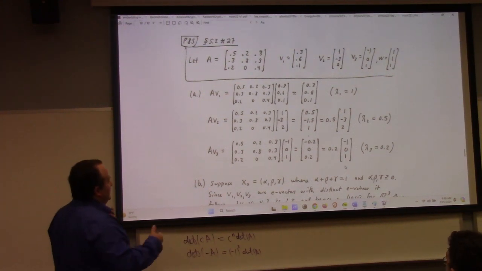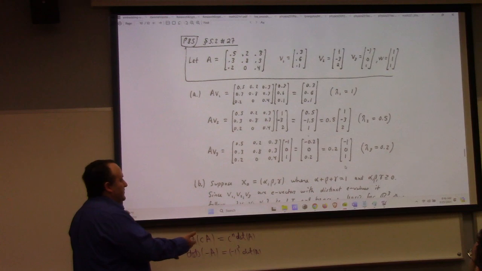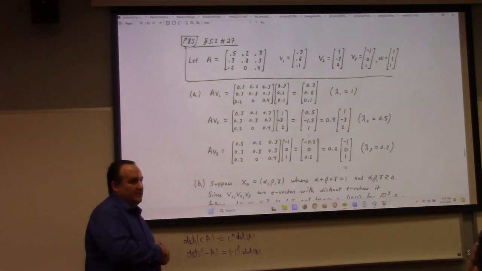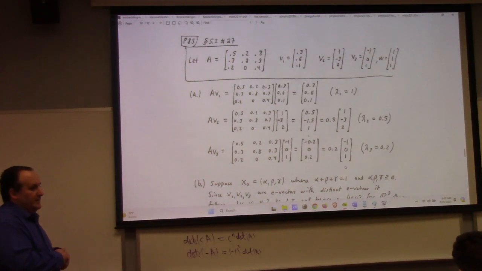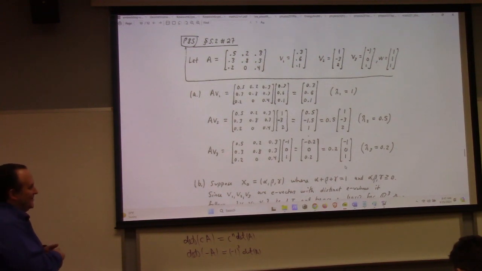Fine. All right. This one's just kind of ugly. So it's easy enough to check that v1 is an eigenvector with eigenvalue 1, v2 is an eigenvector with eigenvalue 0.5, v3 is an eigenvector with eigenvalue 0.2, right? So if I give a question like this on the test, recognize it for what it is. What would that problem be? 3 points. Free points, that's right, it's a gift. So if a gift is given, please freely receive it.